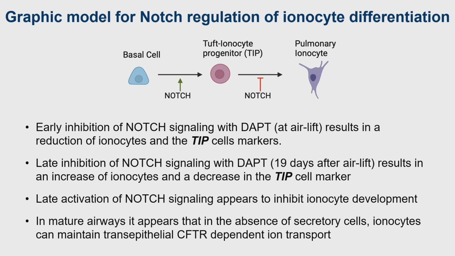And finally, 4, in the mature or more differentiated airways, the absence of secretory cells does not seem to, under how this experiment was done, affect the CFTR-dependent trans-epithelial function.